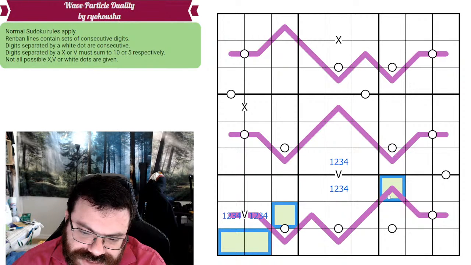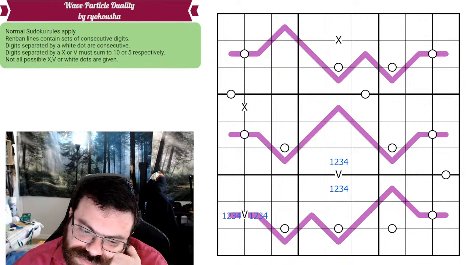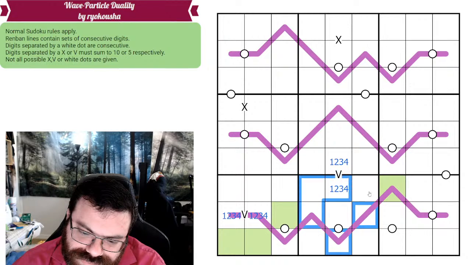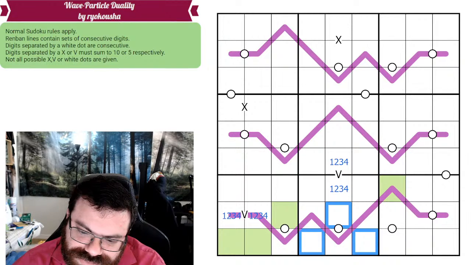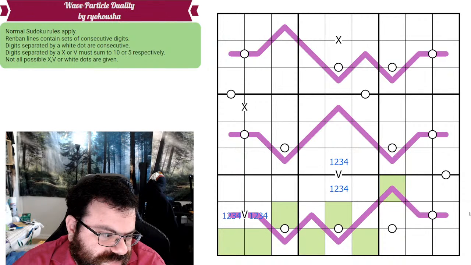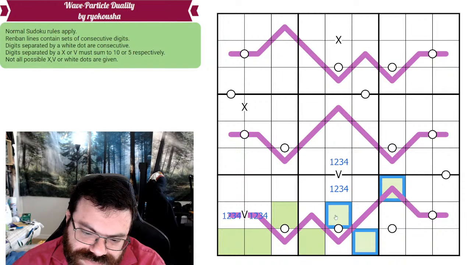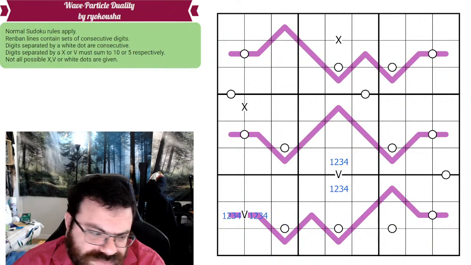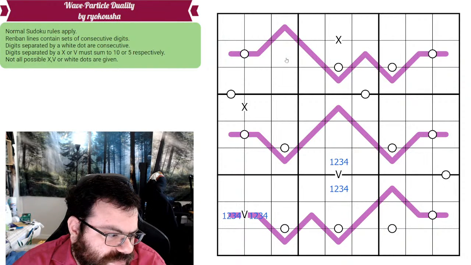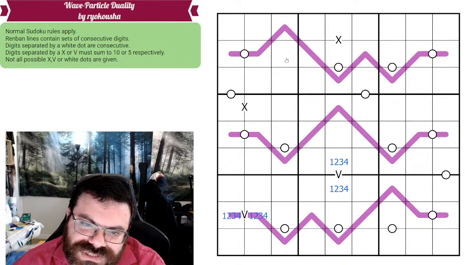I'm not sure this green is too useful. Let's see, where would it also go? One of these three. Row 258, column 357.